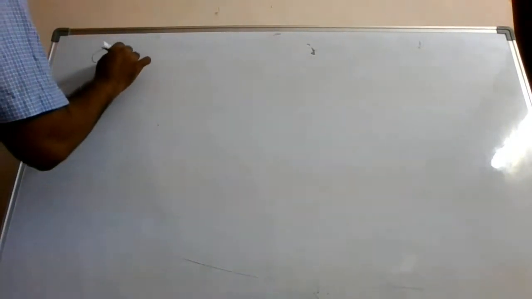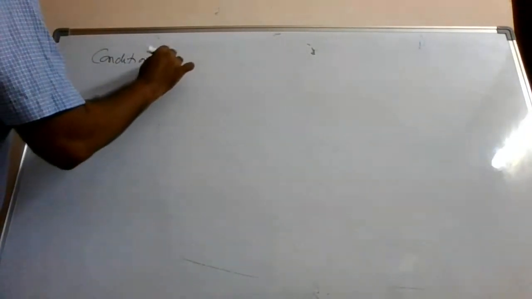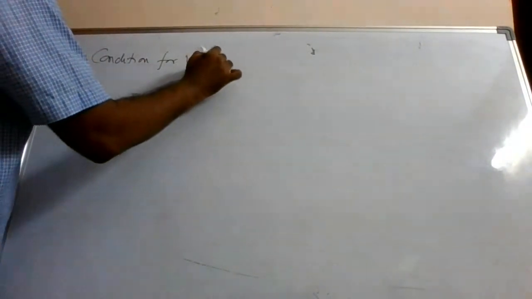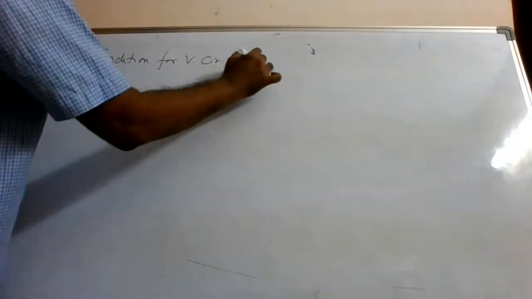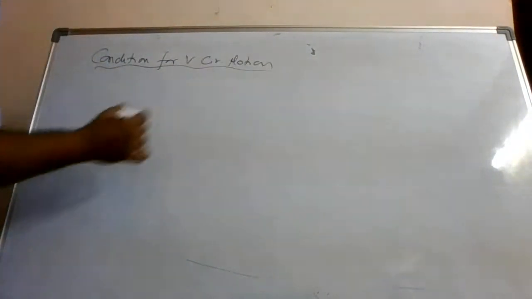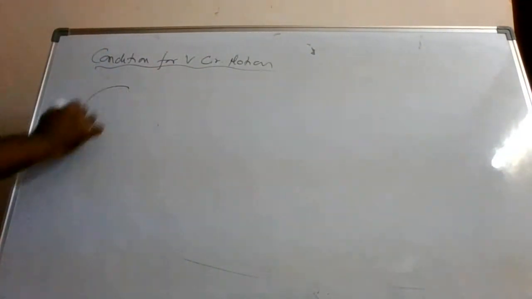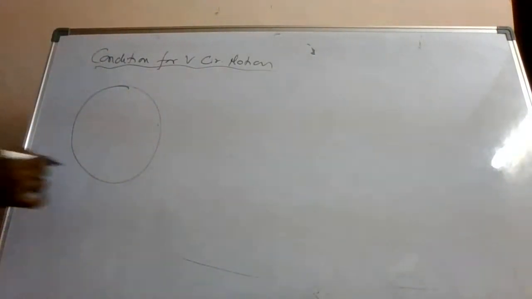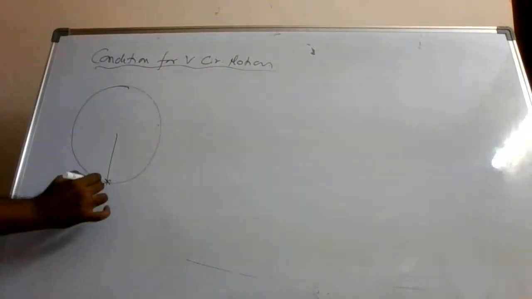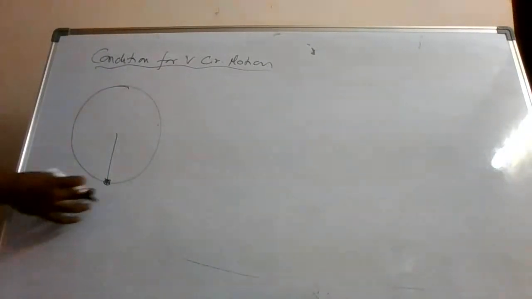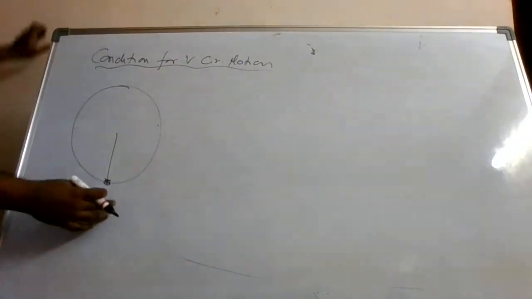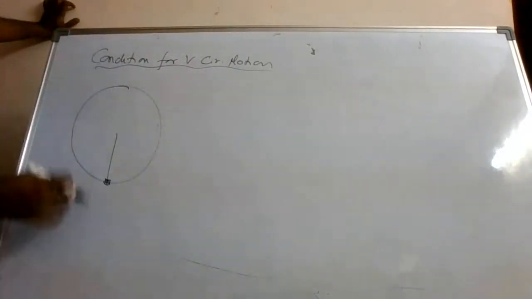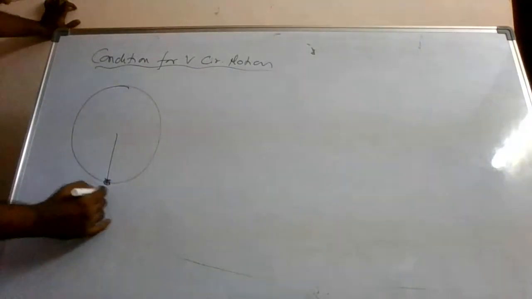We will see the condition for vertical circular motion. What must be the condition? What do I mean by condition? This is your circular motion happening, and there is a mass kept over here and being rotated in a circular fashion. Obviously you will give a speed here.